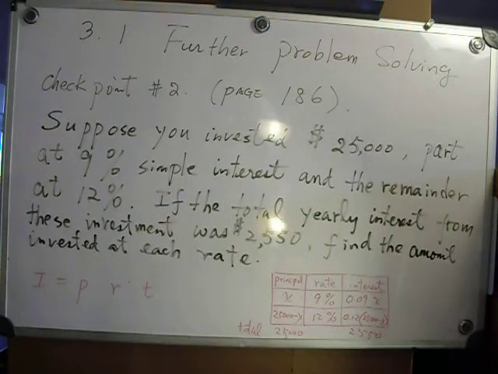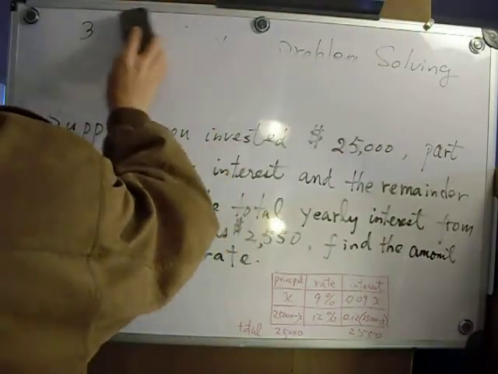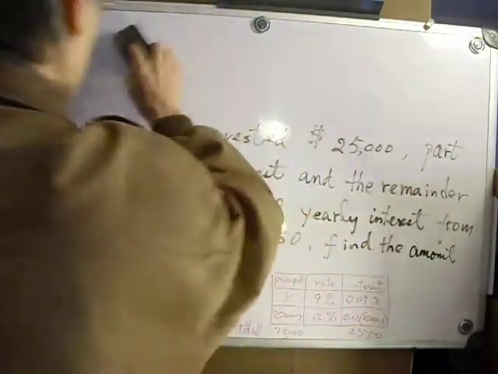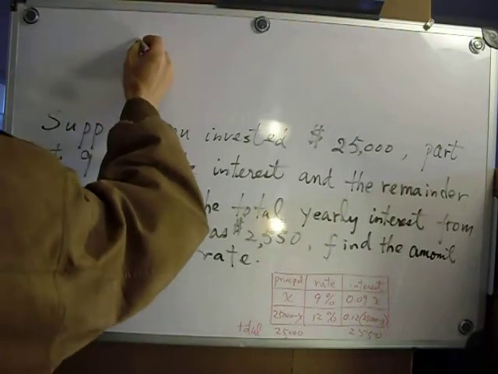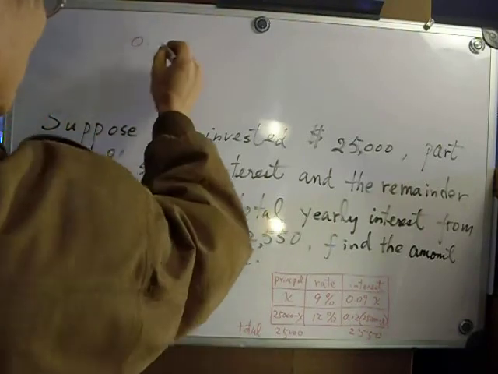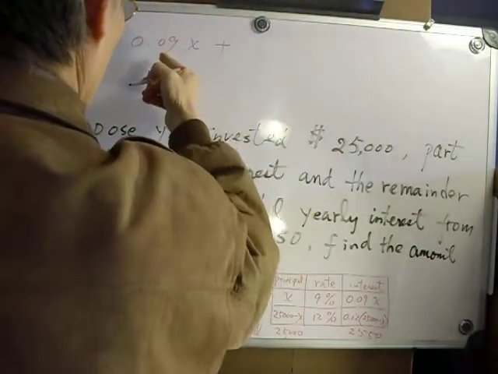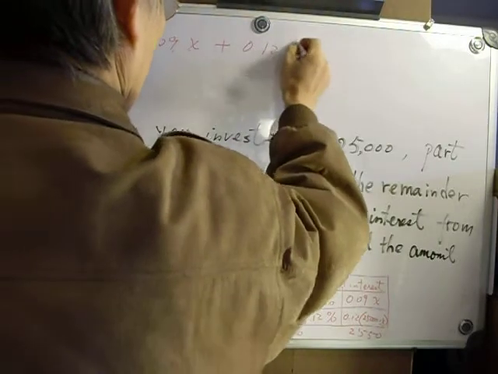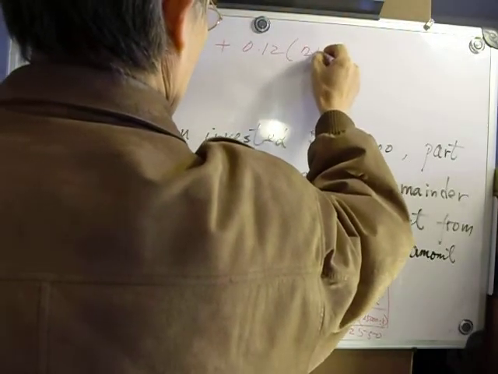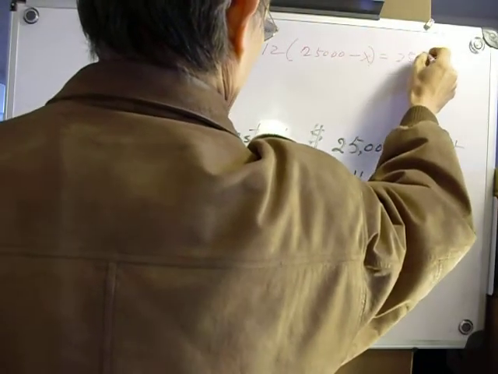So let's erase here. Your equation setup on your exam, you are required to show this equation. First account interest plus second account interest: 0.09x plus 0.12 times 25,000 minus x equals $2,550.